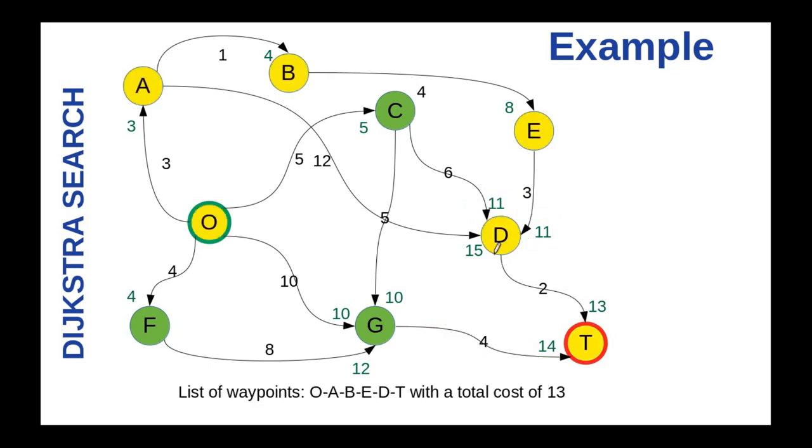So you can choose, so the list of waypoints will be O, A, B, E, D, and T with a total cost of 13, or O, C, D, and T with a total cost of 13. You can choose either. Maybe we will choose this because the list of waypoints is shorter, but this is an additional criterion. So according to the total weight, they are the same.